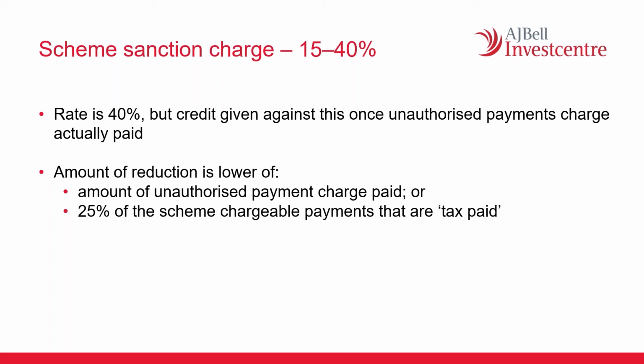If the member has paid the unauthorised payment charge in full, then it'll reduce the scheme sanction charge down to 15%. So normally, when we report to HMRC, if the member could provide evidence that they've paid HMRC, then once we'd had that evidence, the scheme sanction charge would only be 15%. So that's the amount we'd withdraw from the fund to pay across to HMRC.